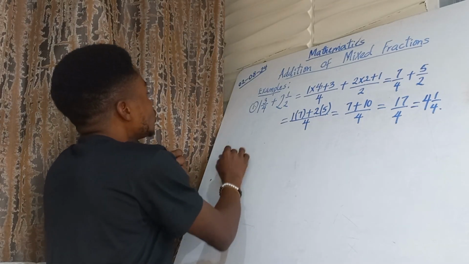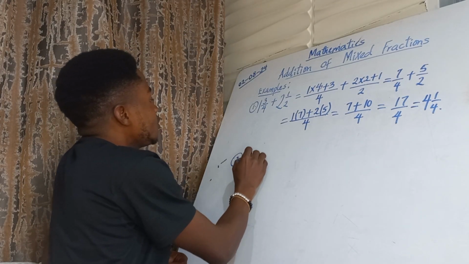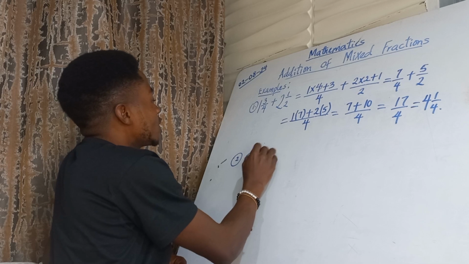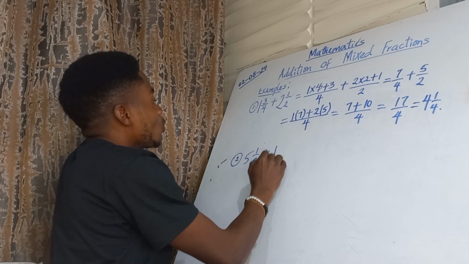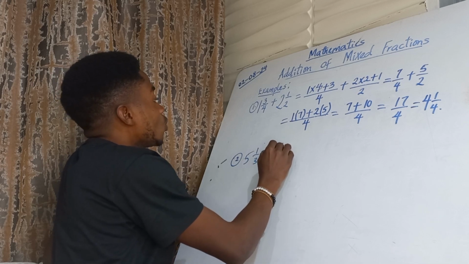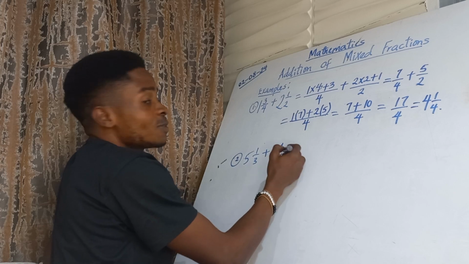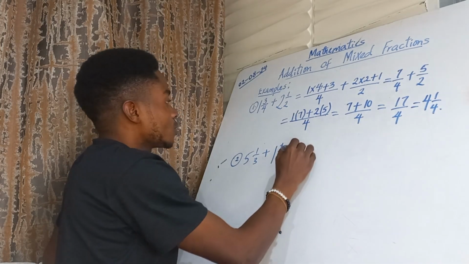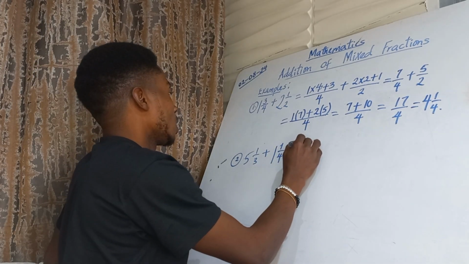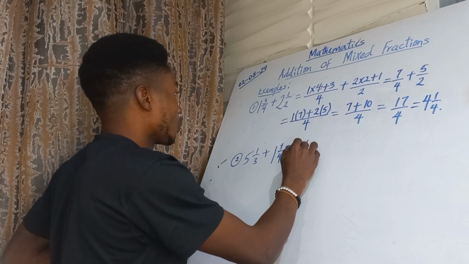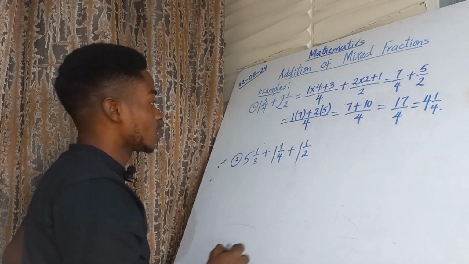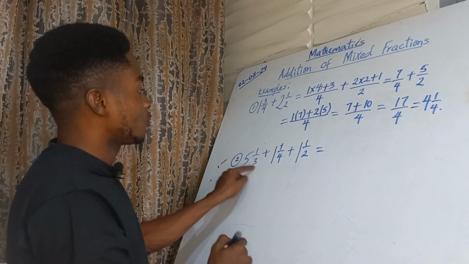So number 2, let's say we have 5 whole number 1 over 3 plus 1 whole number 1 over 4. Let's make it 3 digits this time around, plus 1 whole number, let's say 1 over 2. Very good. Let's go. Don't forget.